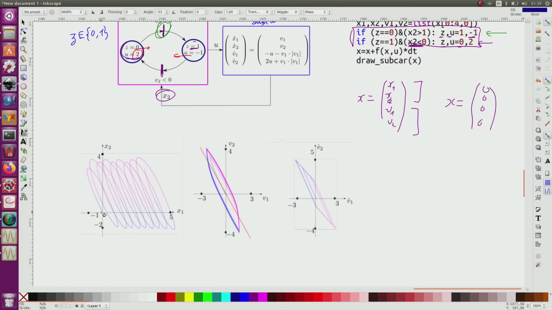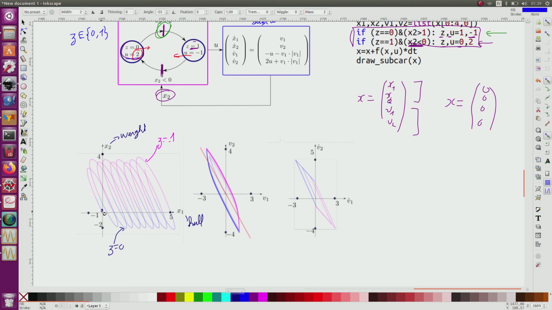So if I start here, in the x1, x2 plane, where this one is a hull and this one is a weight, we can see the oscillation, and the blue region corresponds to z equal to 0, and the magenta region corresponds to z equal to 1.